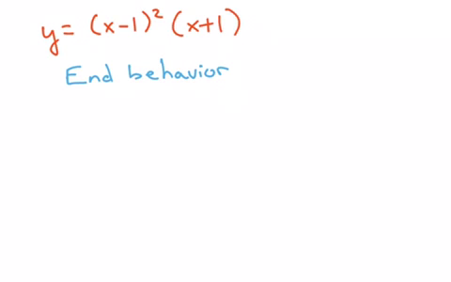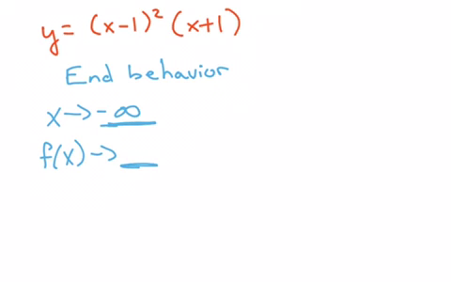We know that as x approaches negative infinity, we want to know what happens with f of x. First off, let's back up. If we FOIL, we start off getting an x squared, which will be the highest power, and then we multiply that by x.